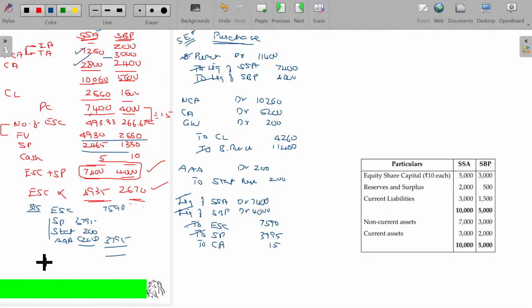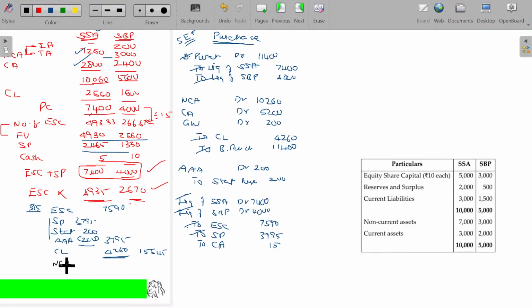And the total 11,385. Non-current assets, intangible assets, goodwill 200. I missed the current liabilities, right? Yeah, current liabilities being 4,260, and the total 15,645.